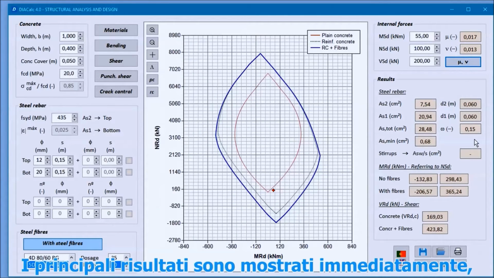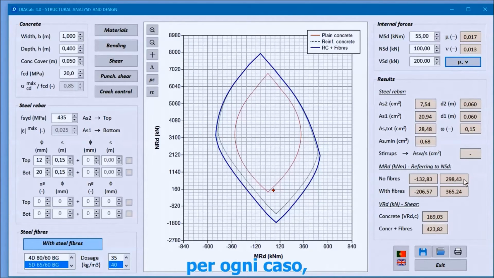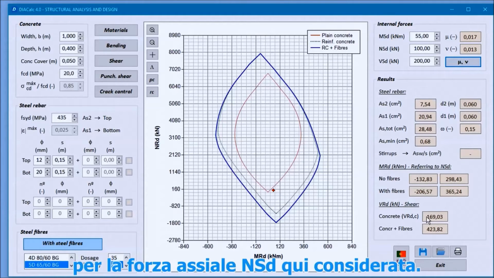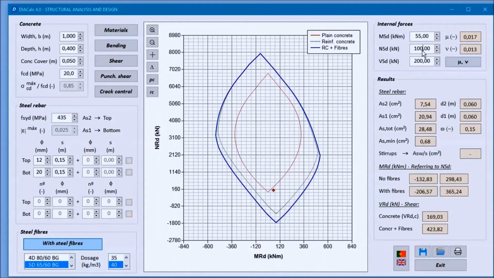Main results are immediately shown for any situation on the right side of the screen, where we can see steel rebar values, MRD values with and without fibers for the axial force considered here.